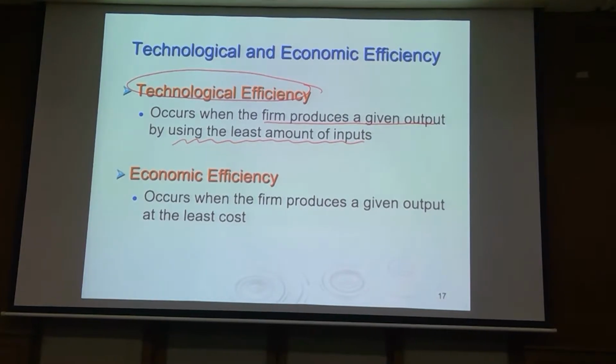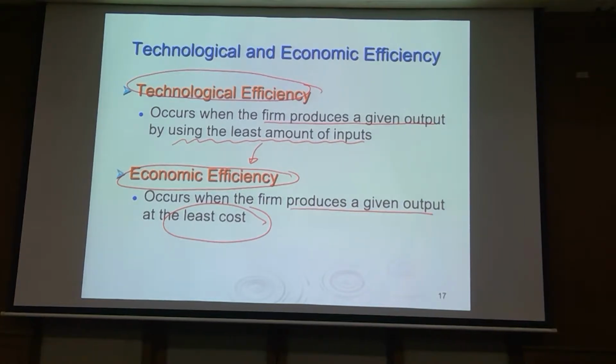And when you are able to do that, right, to produce the output with the least amount of input, you should be able to achieve another kind of efficiency as well. We call it economic efficiency. So economic efficiency means the firm is able to produce a given amount of output at least cost.